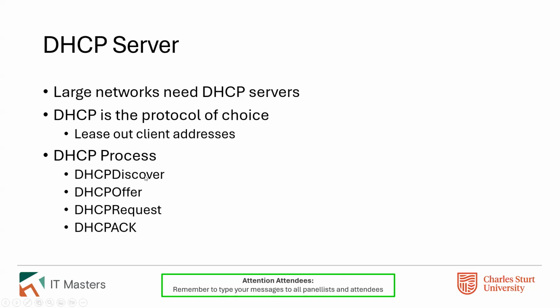So what that means is that both will respond to the offer, but the client's always going to respond in turn with a request to the first offer that it receives, which in turn, the fact that all of these messages are broadcasts allows the other server to know that its services are no longer required, and it can go back to just sitting waiting for the next query.